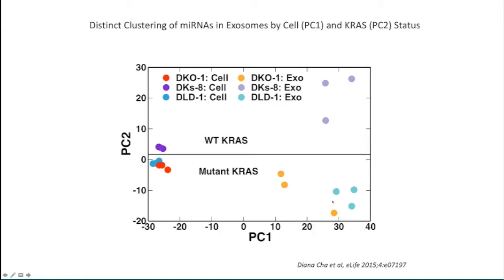Okay, so moving forward, this is where we're really focusing our efforts now: what might control, from the microRNA standpoint, which ones are destined for export, which ones are destined to be retained in the cell.